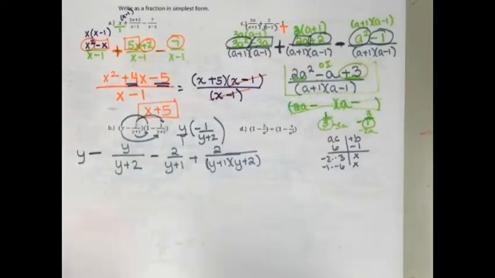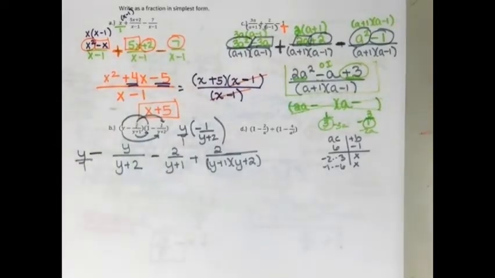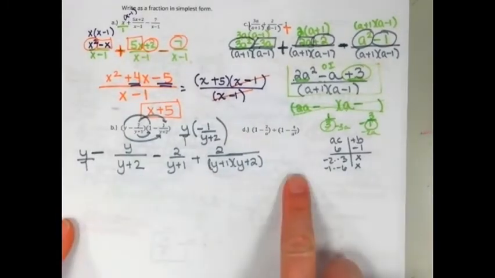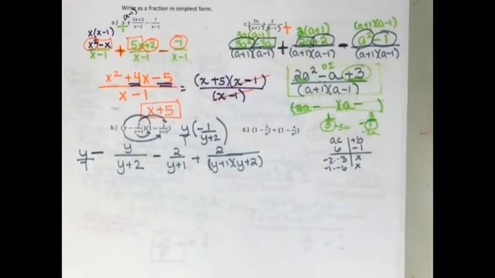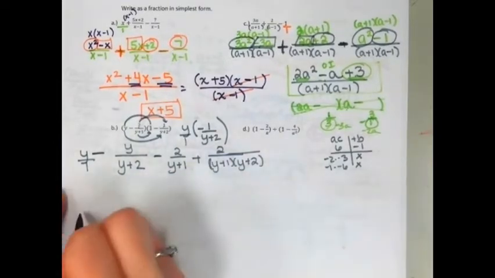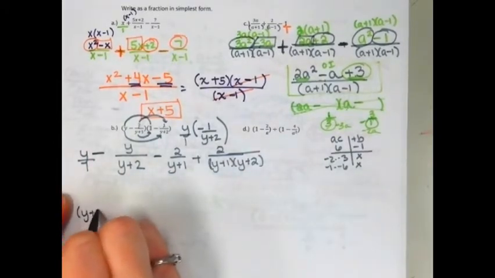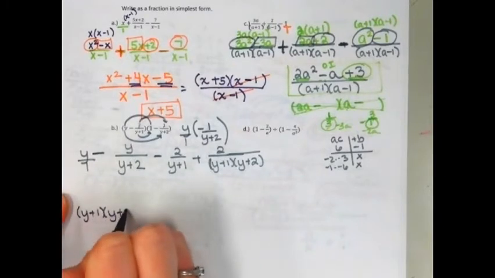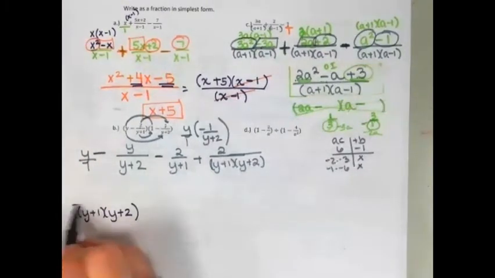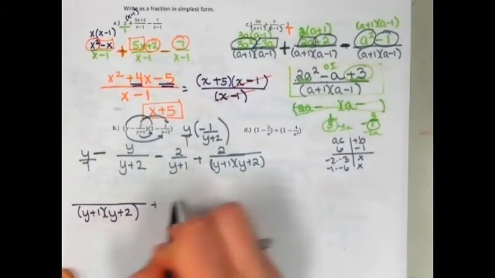Because y is the same thing as y over 1, right? So let me ask you, can we find our common denominator between all of this? Yeah. What does everything have in common? I see a y plus 1 and a y plus 2. Anything else? Just the 1, right? So everything needs to go to y plus 1 times, oh, that's a minus sign.